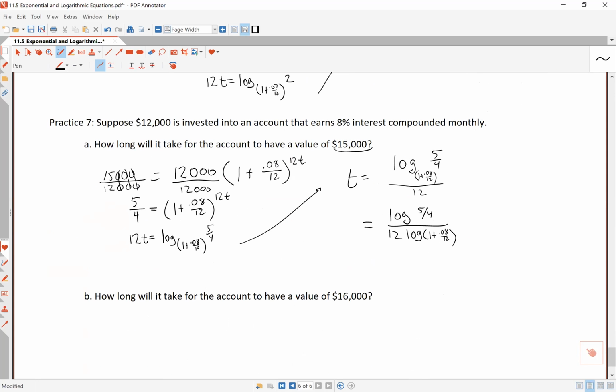So we're taking this $12,000 and investing at 8% compounded monthly. We've taken 15,000, set it equal to 12,000 times 1 plus 0.08 divided by 12 raised to the 12t, and we're solving for 12t in terms of the log. And now we're going to plug this into the calculator.